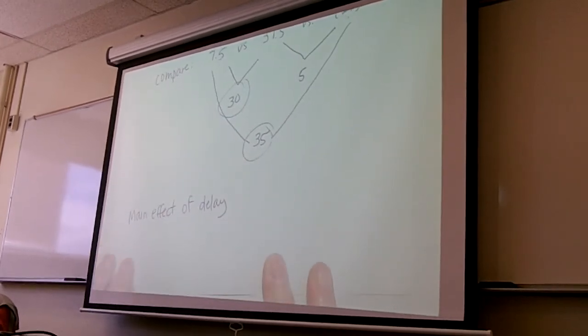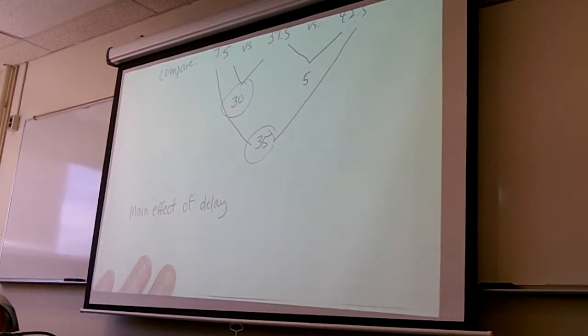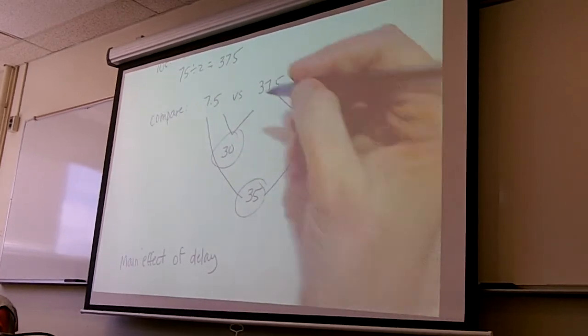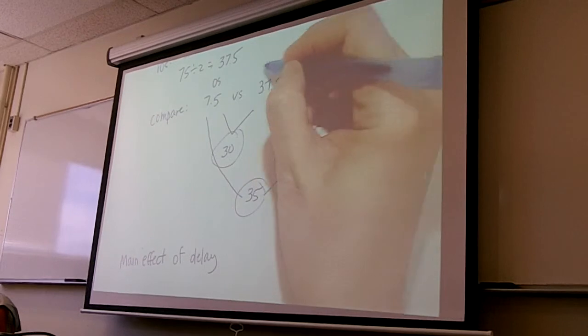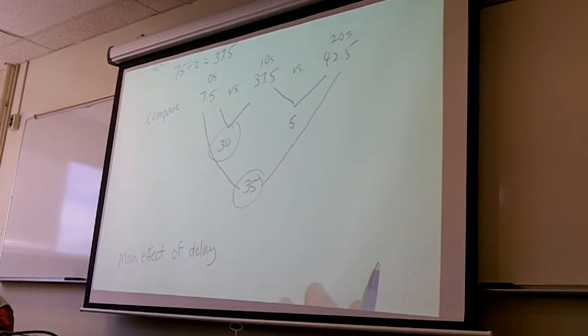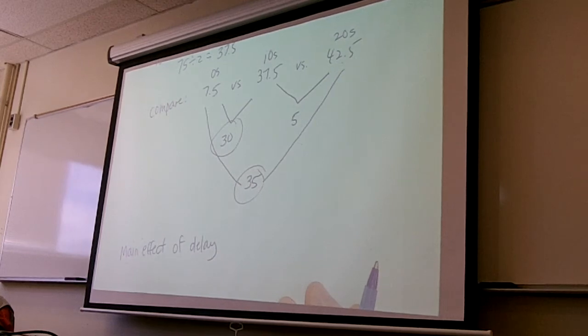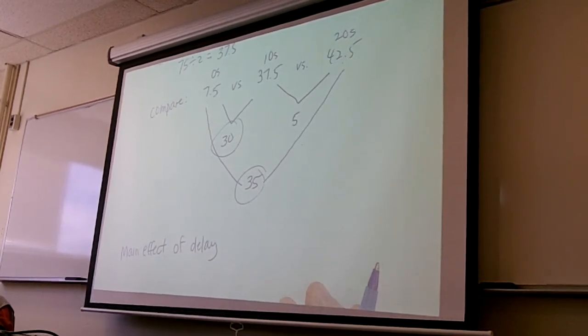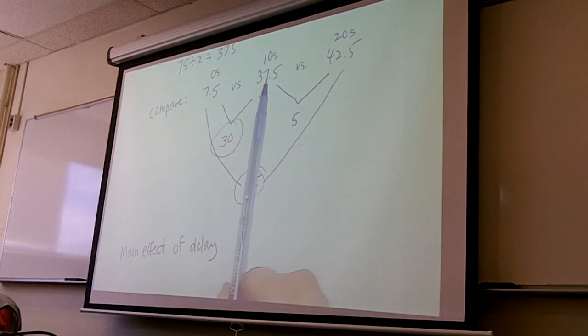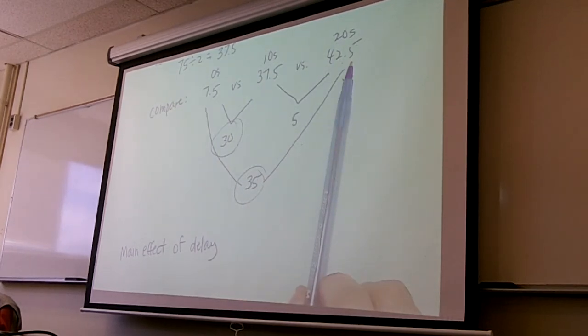What's the main effect of delay? This is 0 seconds, this is 10 seconds, and this is 20 seconds. Which one is different from everything? 0 seconds is different from 10 seconds, and 0 seconds is different from 20 seconds.